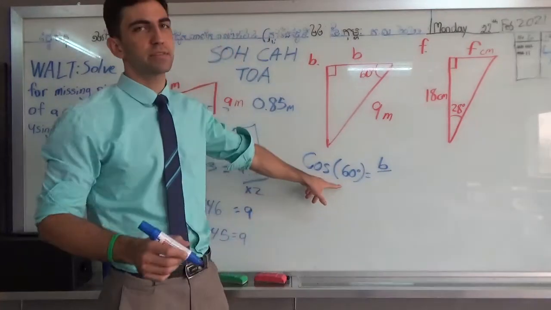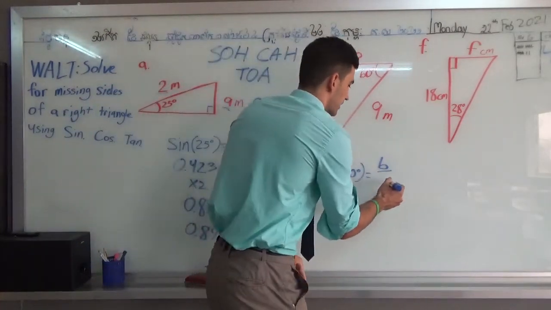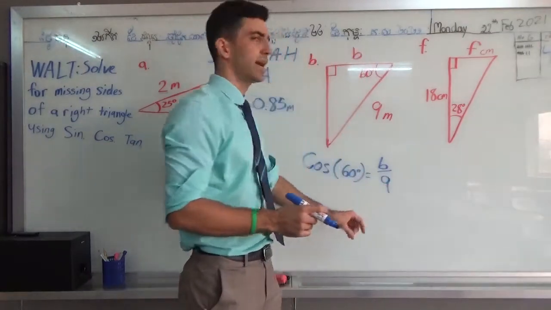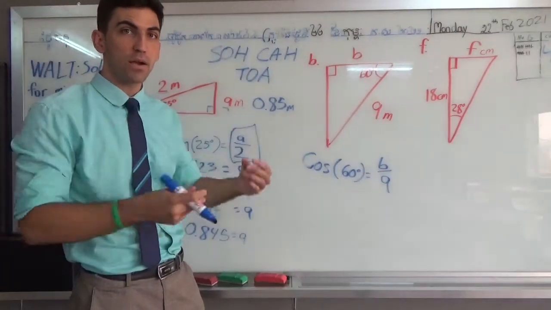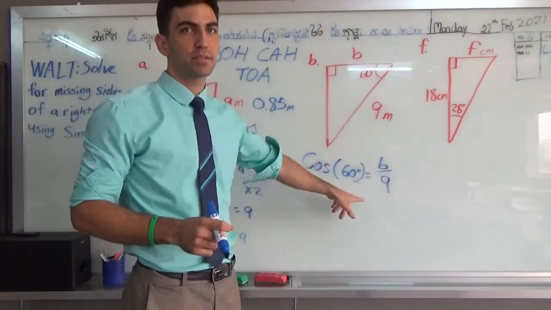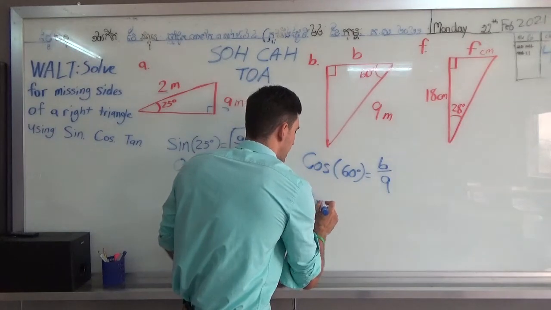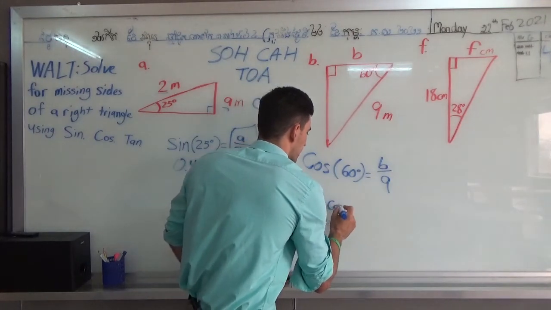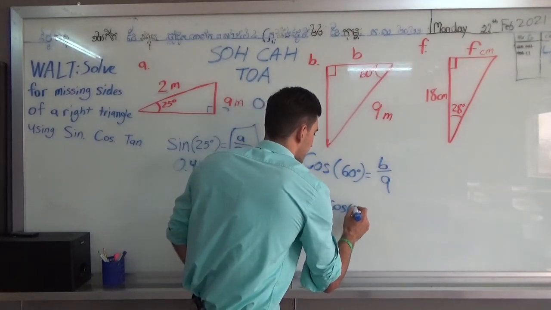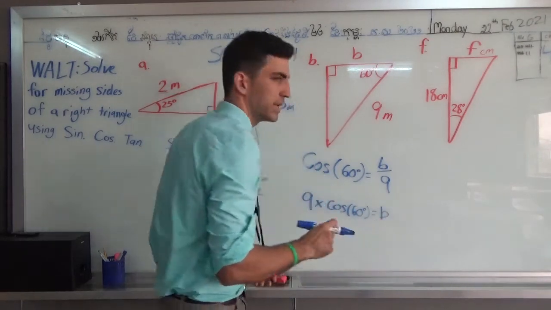So the cosine of 60 degrees is B over 9. Okay, and if I want to get B all by itself, I will multiply 9 to both sides. So I can just say 9 times the cosine of 60 degrees is equal to B.